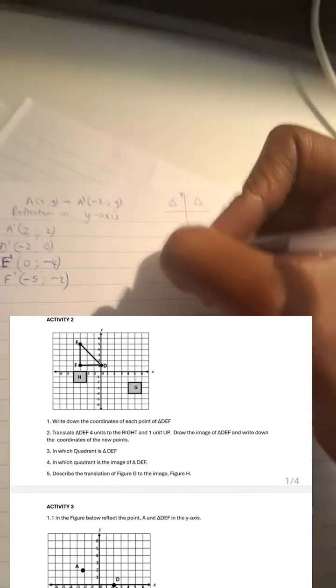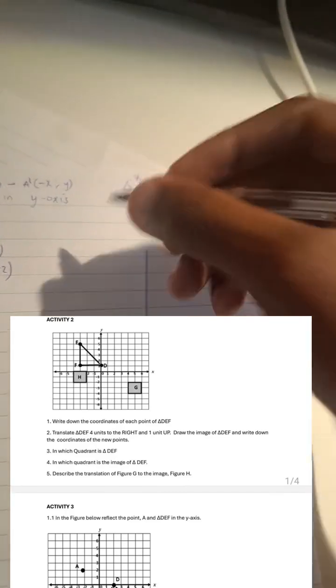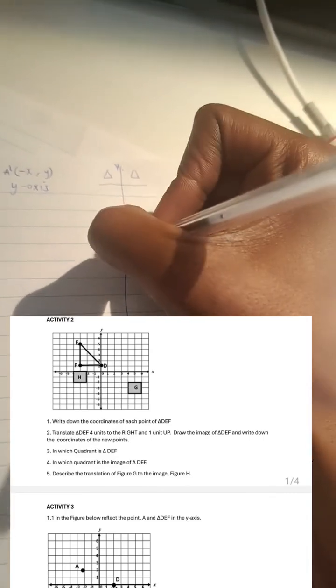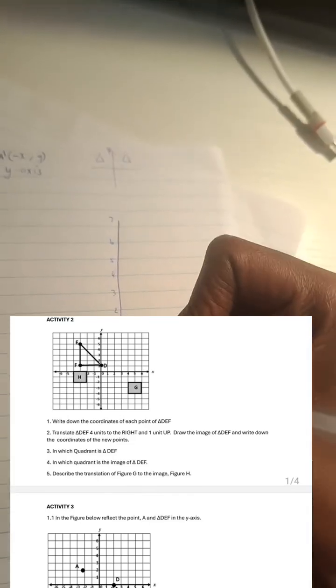So now we can actually go and let's just draw a Cartesian plane here. Okay, so this is 0, sorry.